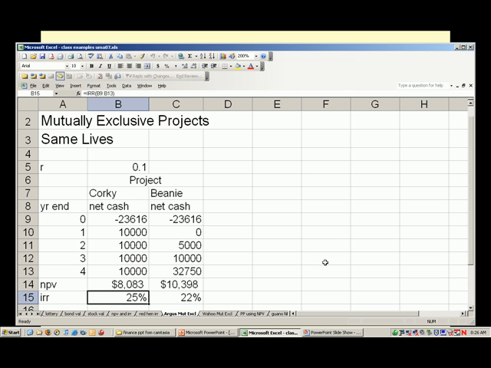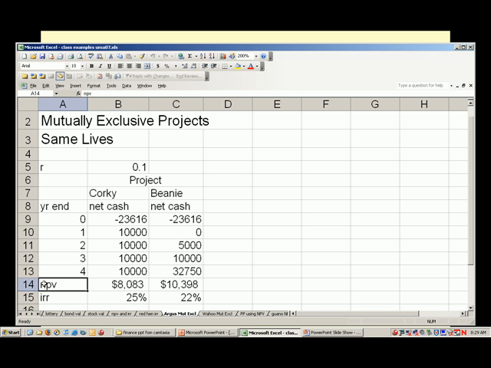Before we get to that decision, let's discuss why these two criteria lead to different rankings. There are two essential reasons for the different rankings. The first has to do with the math underlying NPV and IRR.